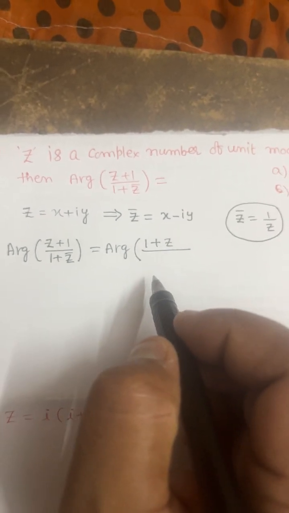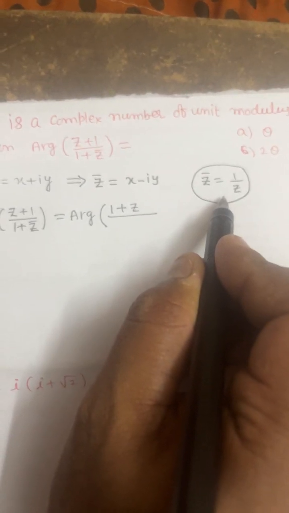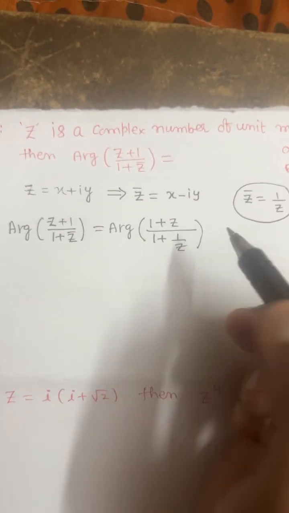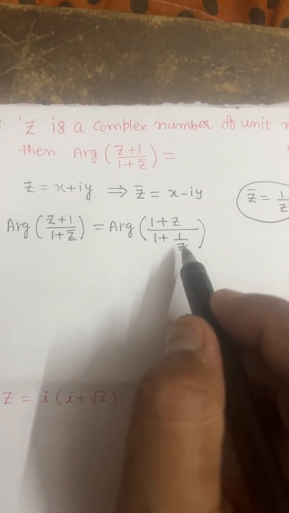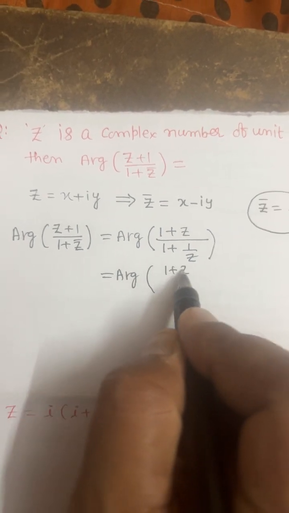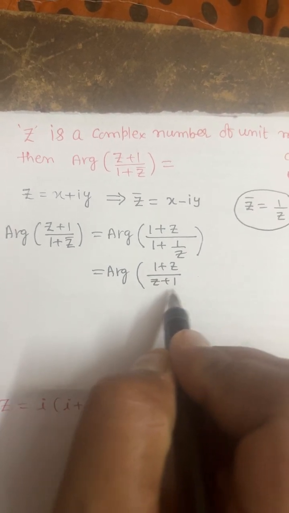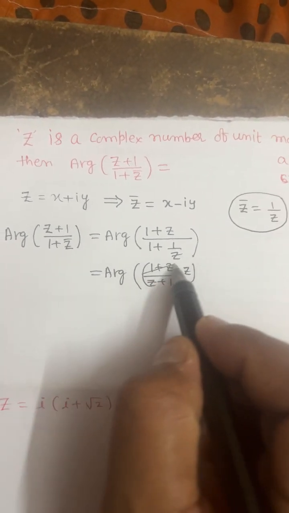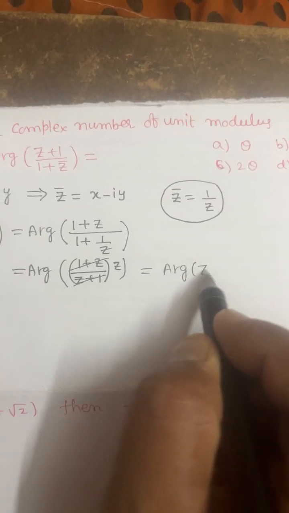In the denominator, in place of Z bar, I am going to replace with 1 by Z, so 1 plus 1 by Z, since we have the formula Z bar equal to 1 by Z. So now take LCM: argument of (1 plus Z) divided by (Z plus 1) over Z, and the Z comes in the numerator. So 1 plus Z gets cancelled, and you will get argument of Z.